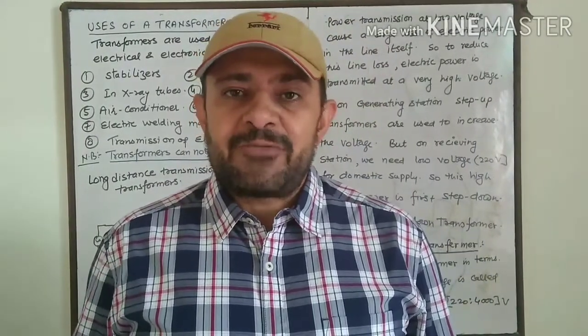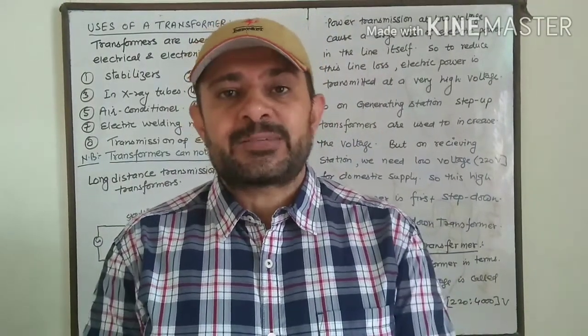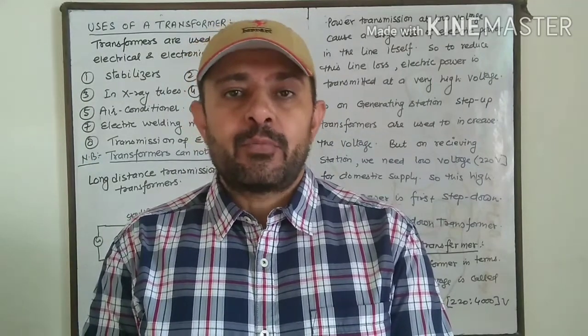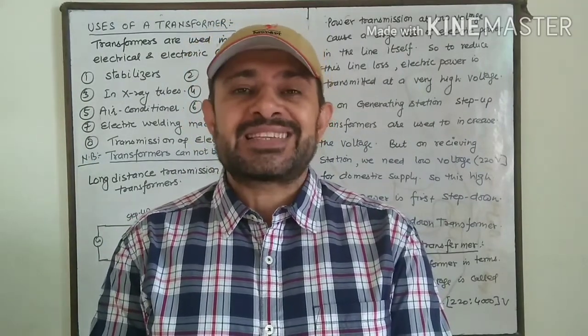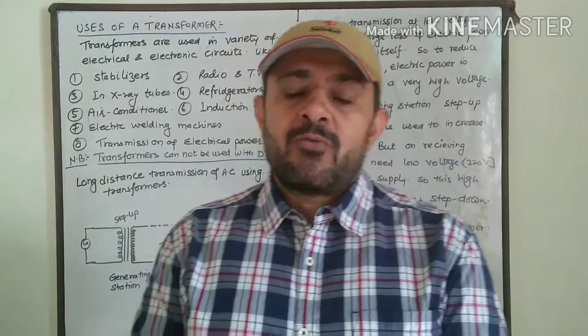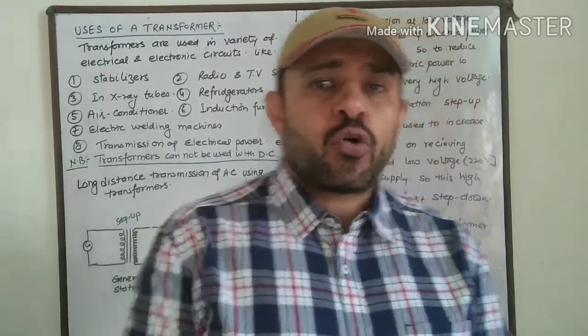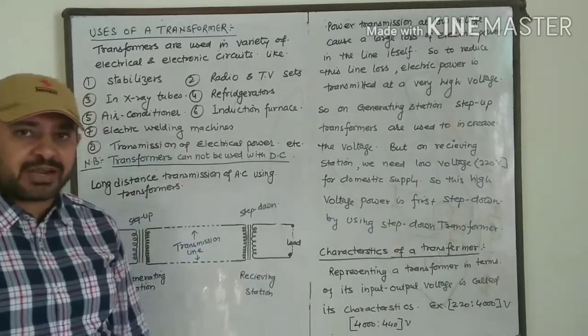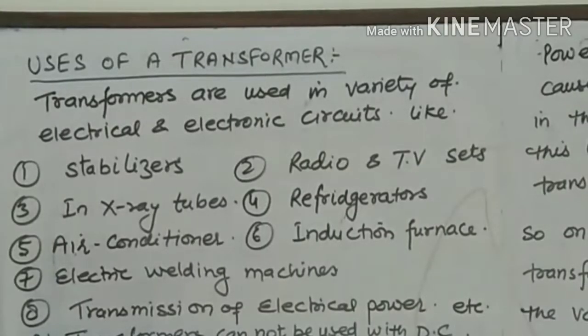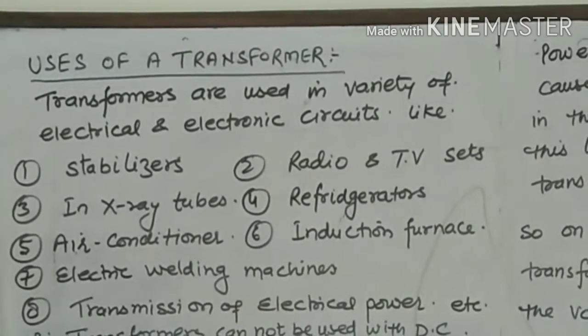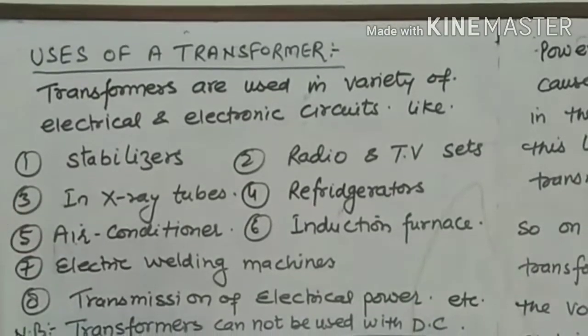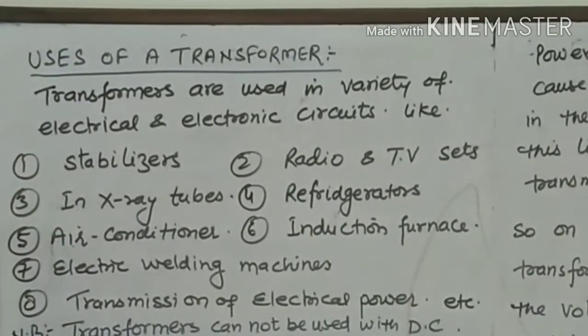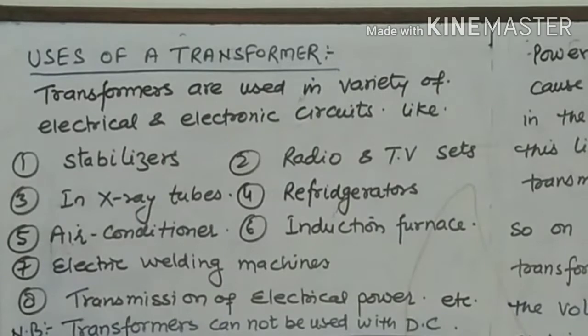After discussing the efficiency and losses in a transformer, now we move on to the next topic, that is the uses of transformer. Where the transformer is used. Although a transformer is used in a variety of electrical and electronic circuits, some main devices or circuits where it is used are: number 1, stabilizers. Voltage stabilizers have transformers.